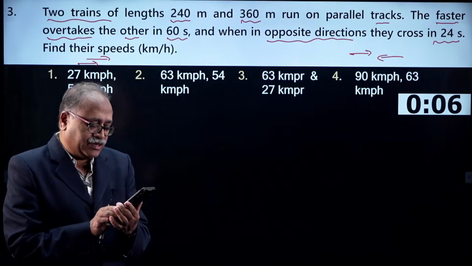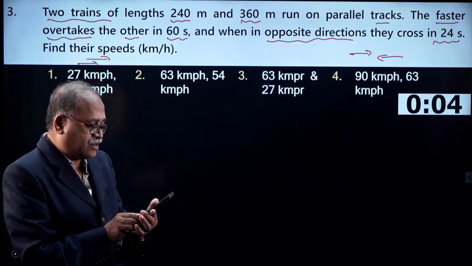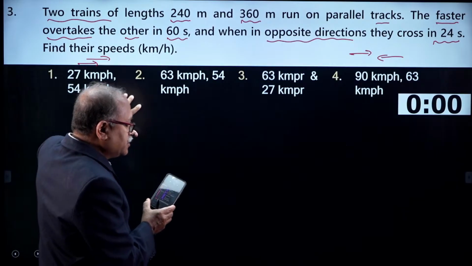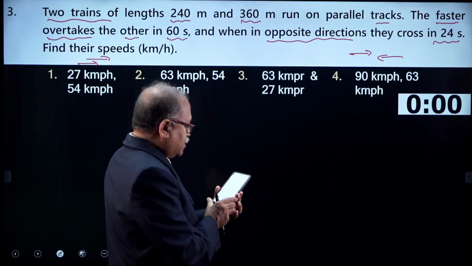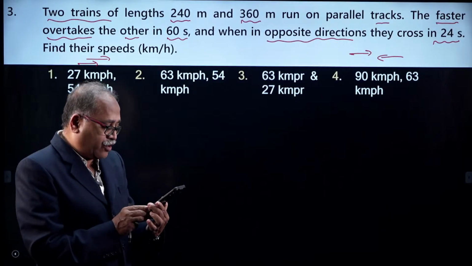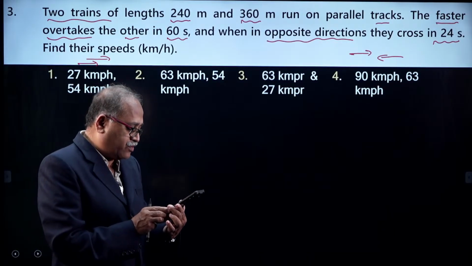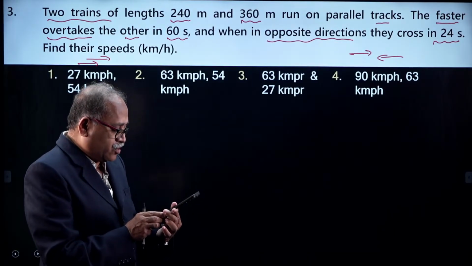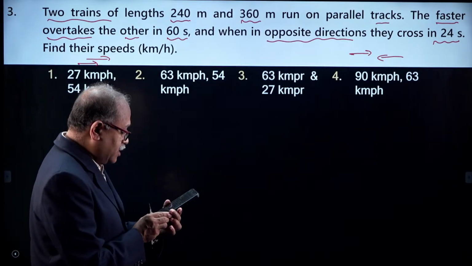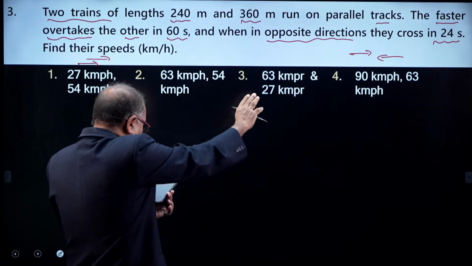So, Mr. Rakesh, is it option 3 for this question? Your time is up. Option 1, option 2. Okay, that is 63, 27. 63 and 27, that is option 3.